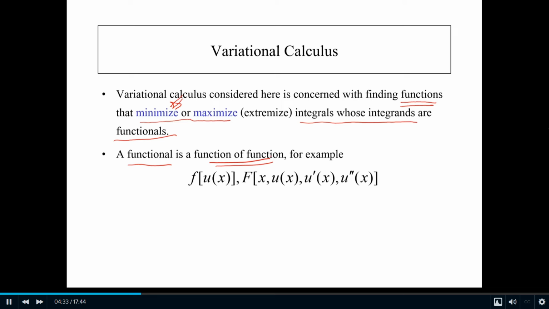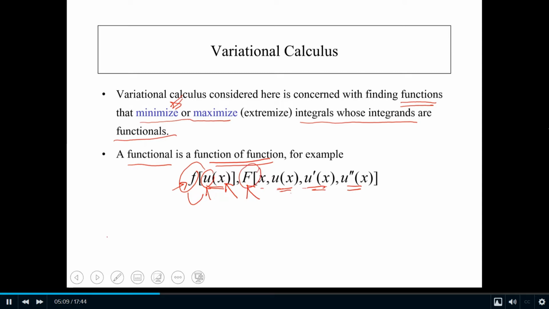It's like this: f is a functional because it's a function of u, which is also a function. u(x) is a function, and x would be the independent variable. So u is a function, and f is a function of u, so it becomes a functional. This big F here is also a functional because it's a function of all these things. u prime and u double prime are all functions, so this would be a functional.